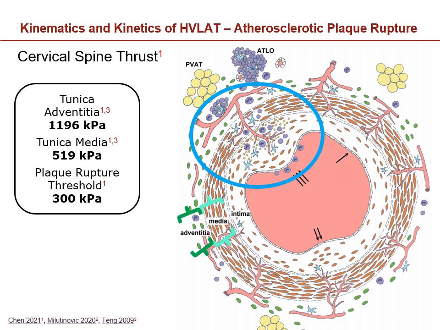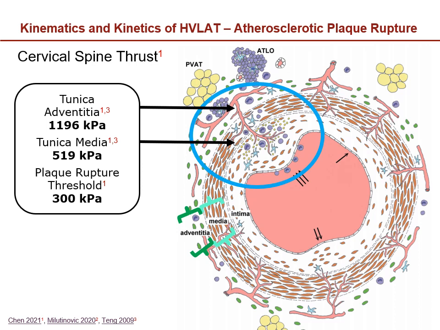And so they've taken a mean value as far as the rupture rate of the plaque or the risk of rupture and the different thresholds of strain at the different layers, not only of the vessel, but also the plaque. So the tunica adventitia at about 1100 kilopascals, there will be potential for the rupture of the plaque. So that's the application directly at the adventitia underlying the plaque.